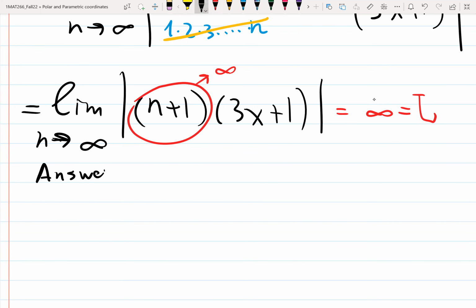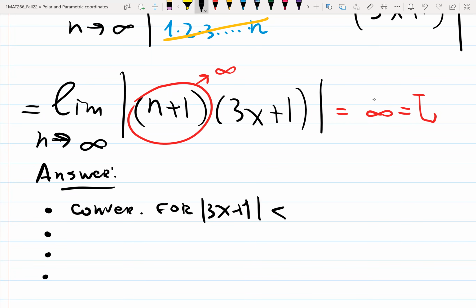Answer. Let me give you multiple choice cases to make it better for you. Answer: converges for 3x plus 1 less than 1. Answer: diverges for all x.